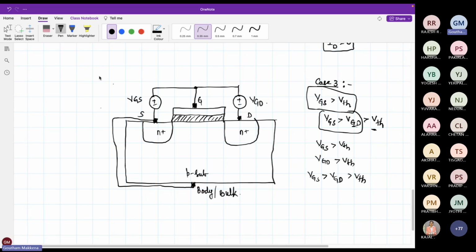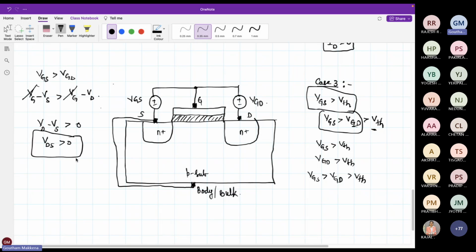Because I said VGS is greater than VGD, VG minus VS is greater than VG minus VD. If I take VD to the other side, this becomes VD minus VS greater than 0, or VDS is greater than 0.